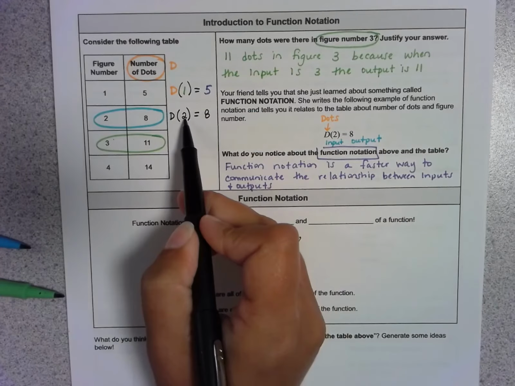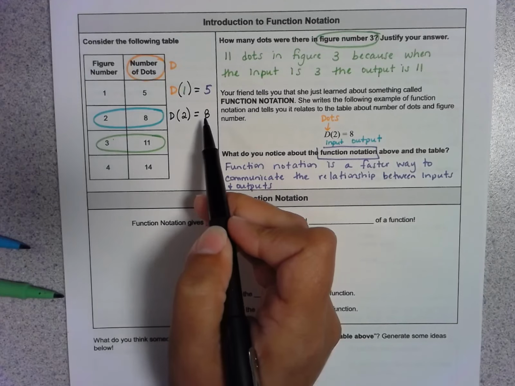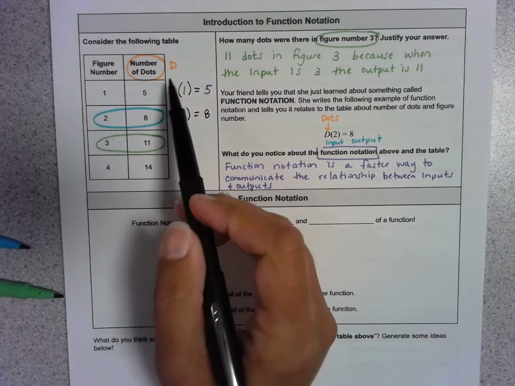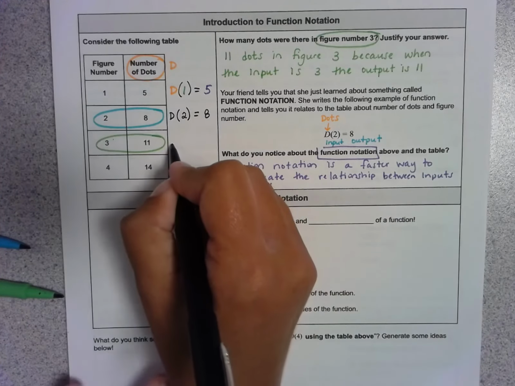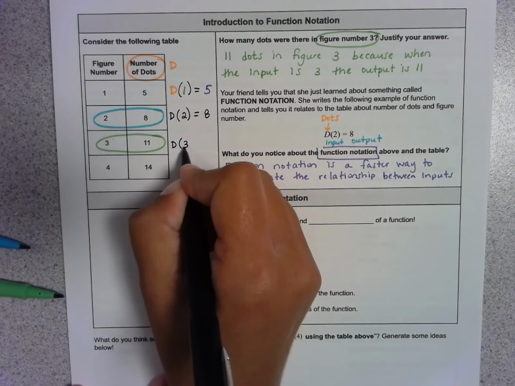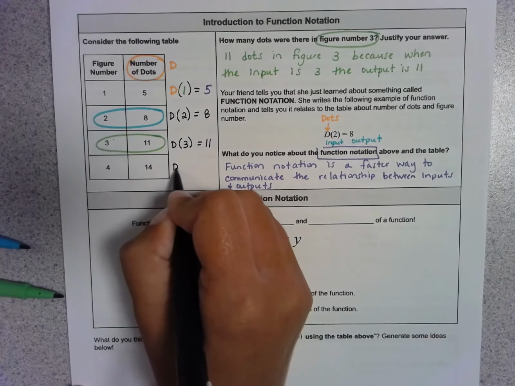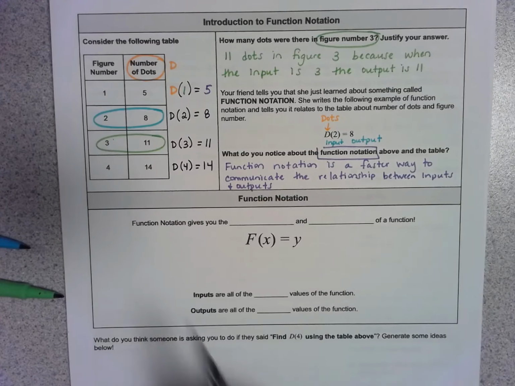The inputs always go inside the parentheses and the outputs are always on the outside. The variable or the letter that we're using to stand for outputs is also on the outside. You'll see D is on the outside, the outputs are on the outside. We could say the number of dots in figure 3 is equal to 11. And we could say the number of dots in figure 4 is equal to 14.